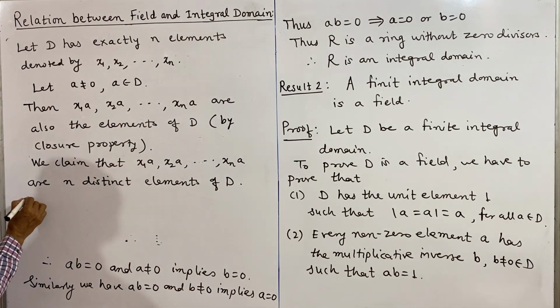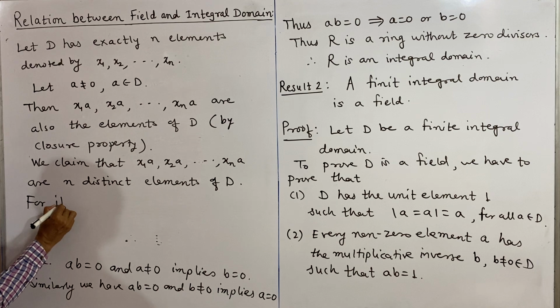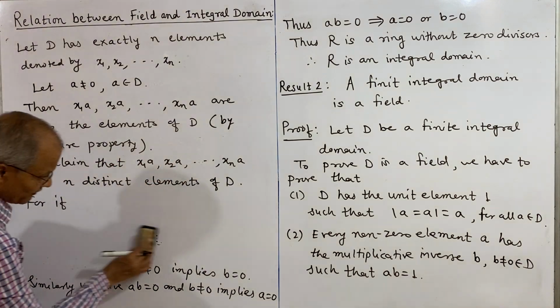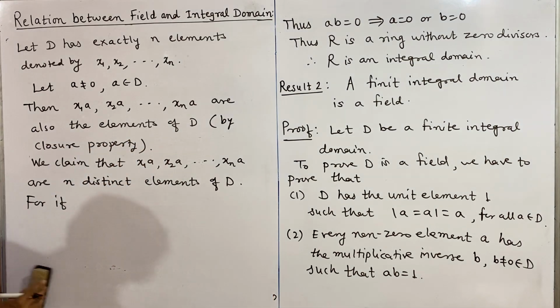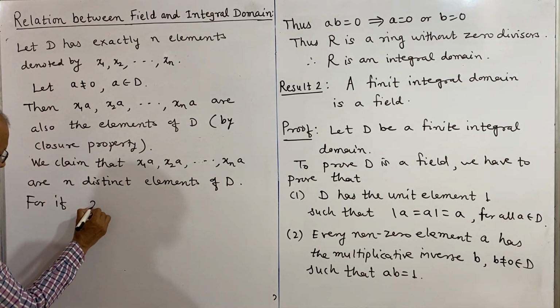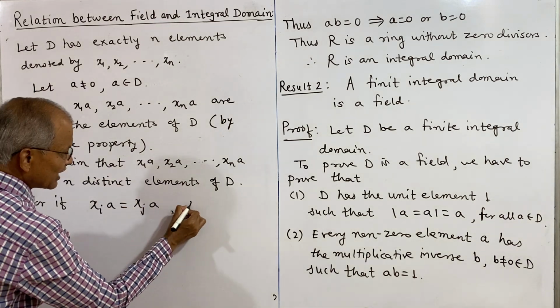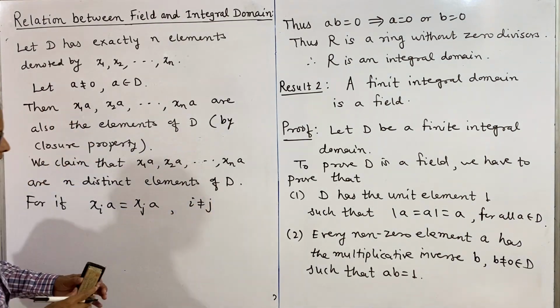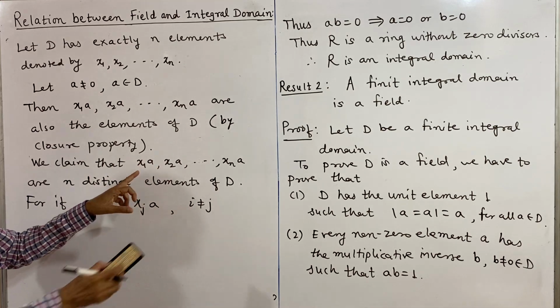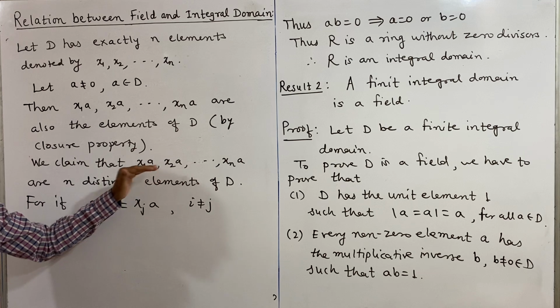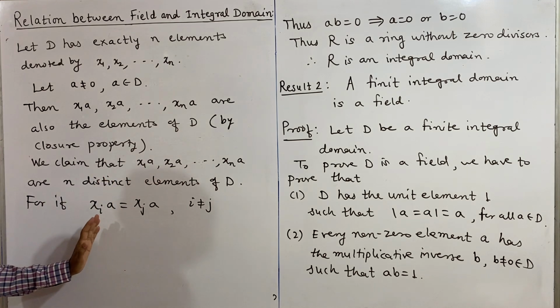Because, suppose any two of these are equal, that is, xia is equal to xja, i is not equal to j, any two elements are equal, that we have considered. Actually we want to prove these are distinct, they are not equal. But what happens if they are equal?